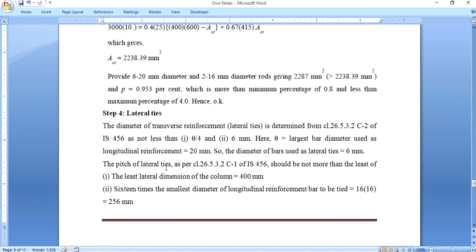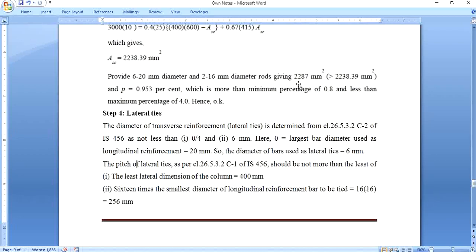The pitch of lateral ties as per clause number 26.5.3.2 section 1 of IS 456 should not be more than the least of these. The least lateral dimension, that is 400 mm, as 600 and 400 are there, the least is 400. Then 16 times the smallest diameter of longitudinal reinforcement used.